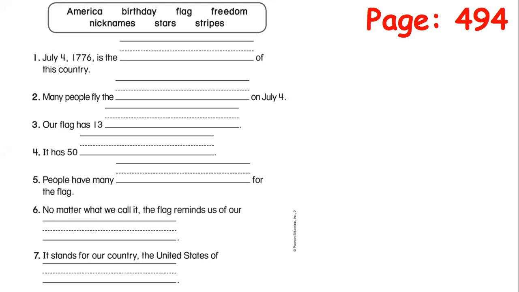Okay, let's read the first sentence. July 4, 1776 is the birthday of this country. Excellent. Now, the second sentence. Many people fly the flag on July 4. Excellent. Fly the flag.